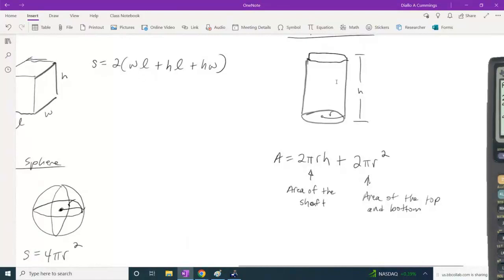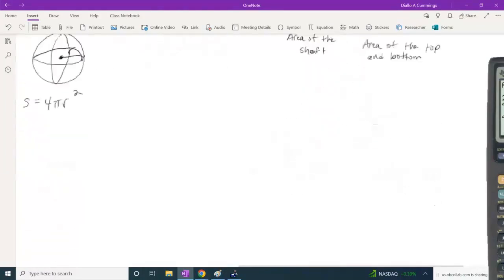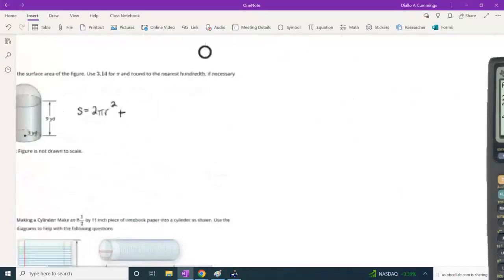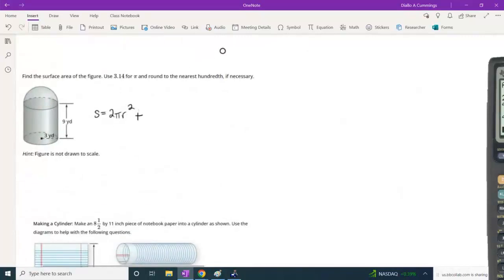That's going to give me the lateral surface area. I only want the area for the bottom, not the top. So instead of 2 pi r squared, I'm going to use pi r squared. So here's what my formula should look like. 2 pi r squared gives me the surface area for the dome, the top, plus 2 pi rh. That's going to give me the surface area for the shaft.